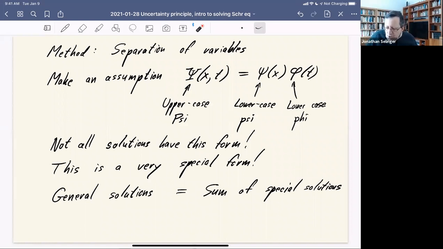And then I'll say, well, now we can add them up in the right way, which I will show you, to get a general solution of Schrodinger's equation. Okay, so that is the separation of variables method. And this is a powerful way to get pencil and paper type solutions for partial differential equations.